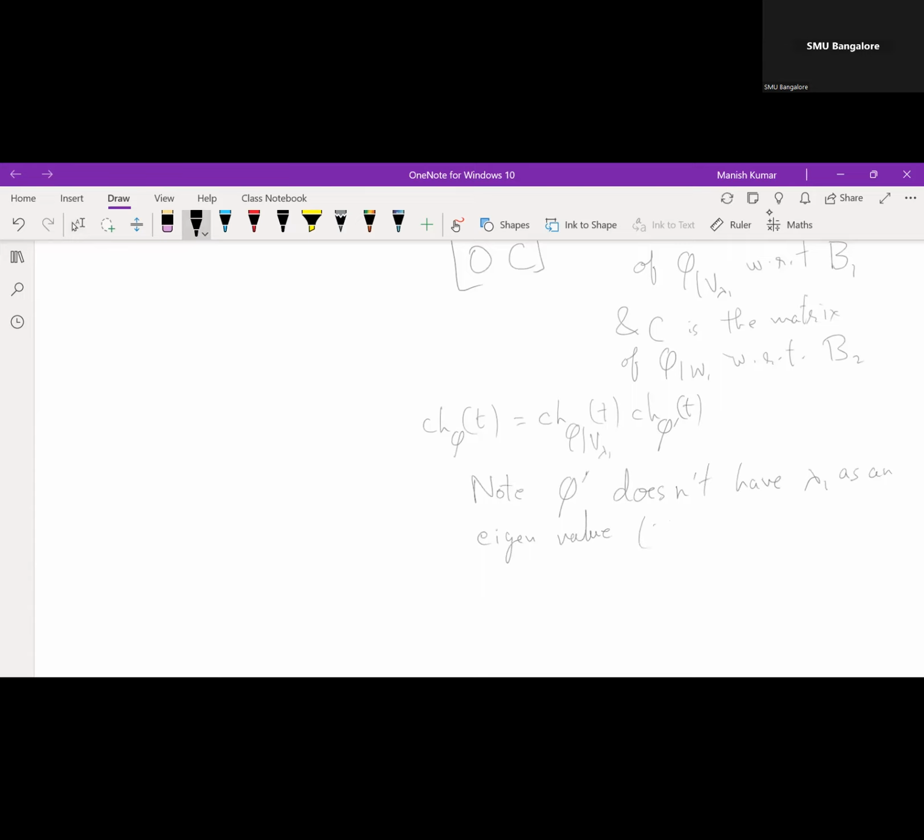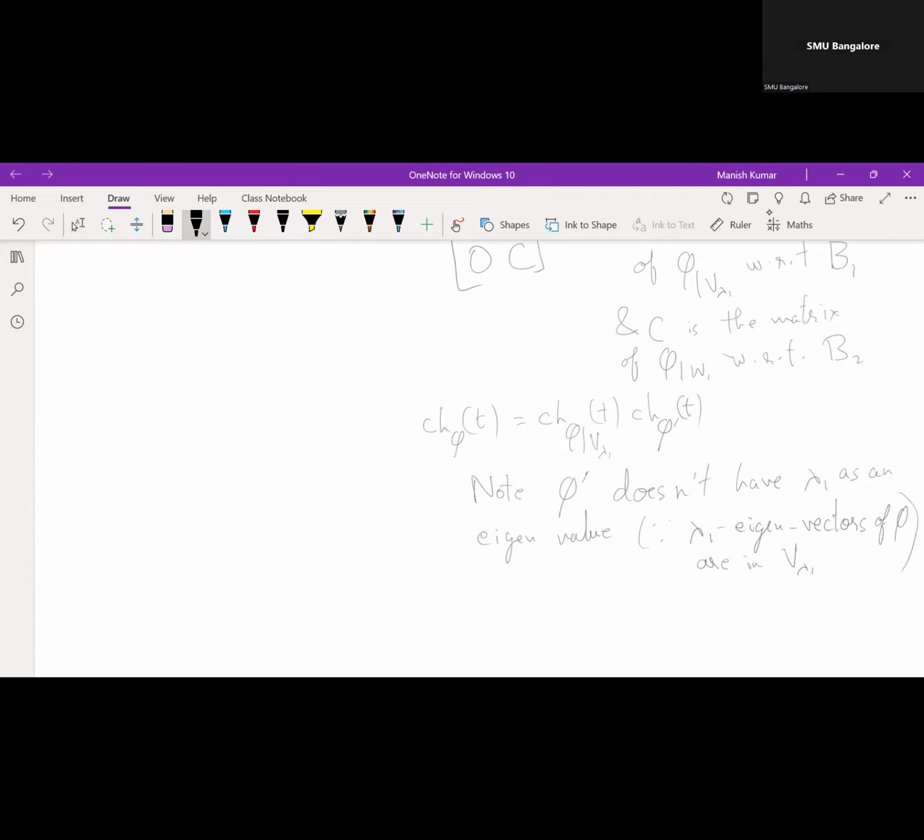Since phi prime is the same as phi restricted to W1, and the lambda 1 eigenvectors of phi are in V lambda 1, it cannot have lambda 1 as an eigenvalue.